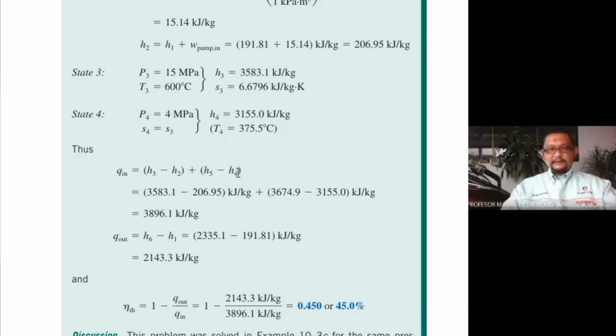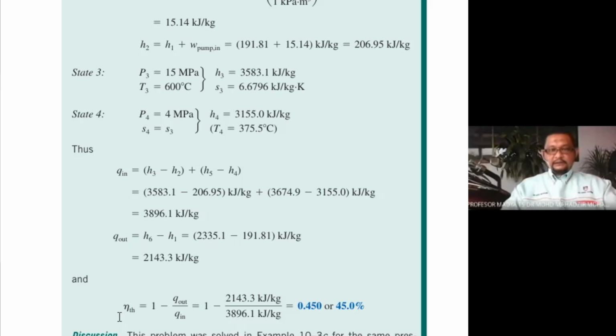That means process 3 to 2, and also process 5 to 4. So put all the values here, and then you will get Q in. Q out is only at one process, that is at the condenser, H to 1. So put the values that you got above, then you will get Q out.